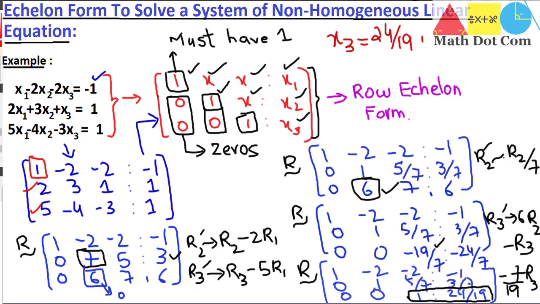Second row means we have an equation, that is x2 plus 5 by 7 x3 equals 3 by 7. So this is one equation. Then another equation is from the first row, that will be x1 minus 2x2 minus 2x3 equals minus 1. So these are the three equations that we have got.